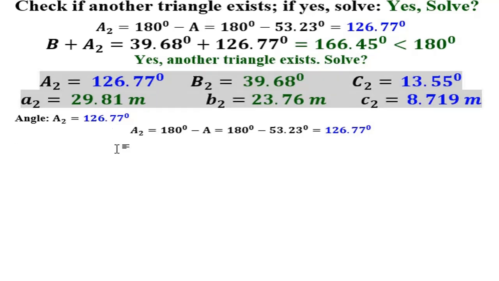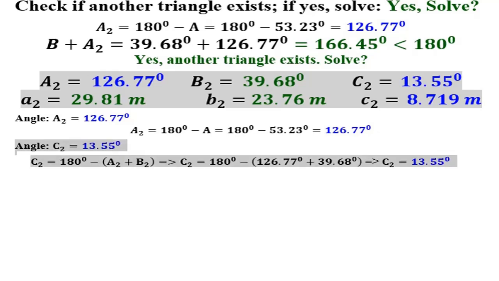And C2 is simply 180 degree minus A2 plus B2. That is, C2 is 180 degree minus 126.77 plus 39.68, and that is equal to 13.55 degree.